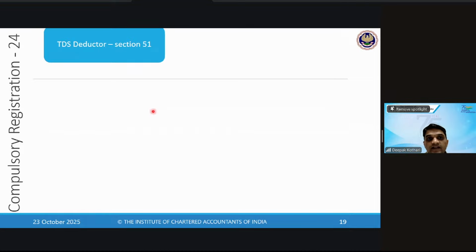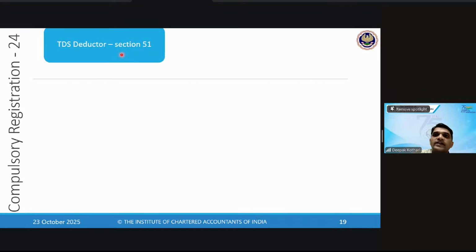The sixth category is a person who is to deduct TDS, right? There are some supplies which I make to a government. Then the government has to deduct TDS. So whether the government's turnover is 20 lakhs or not, they will have to take compulsory registration. So any person, government authority, government undertaking, or a government entity, when they are receiving any goods, they have to deduct TDS.